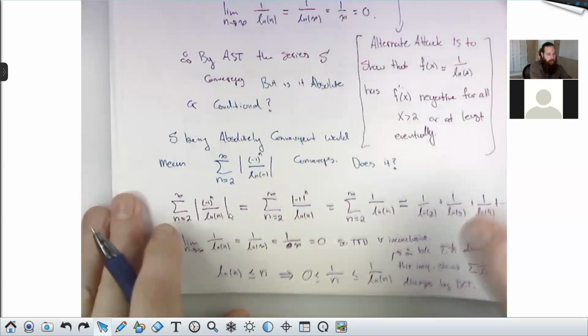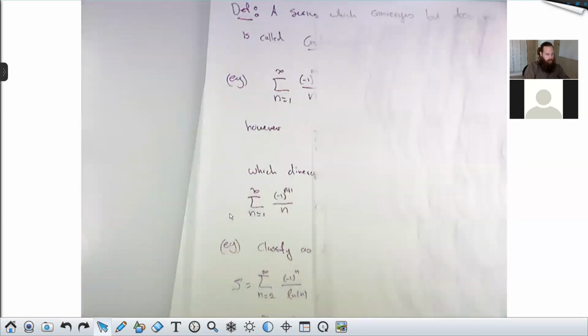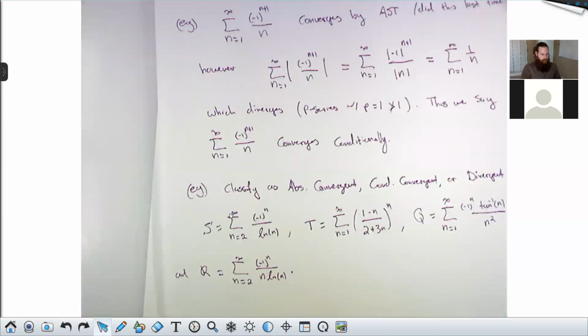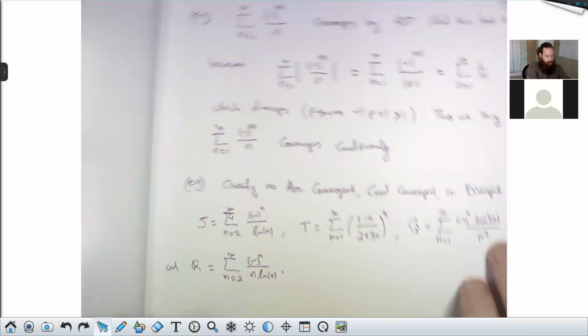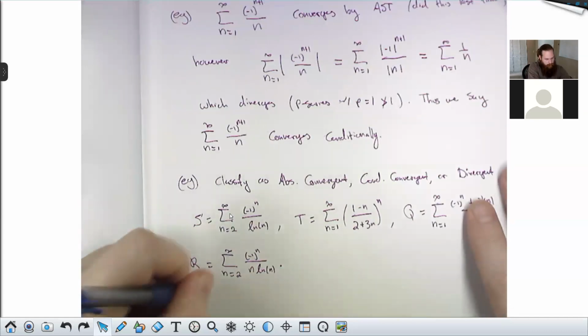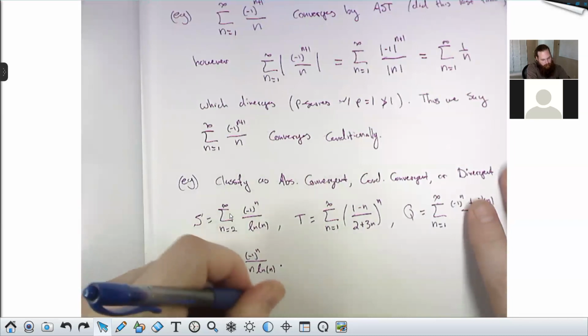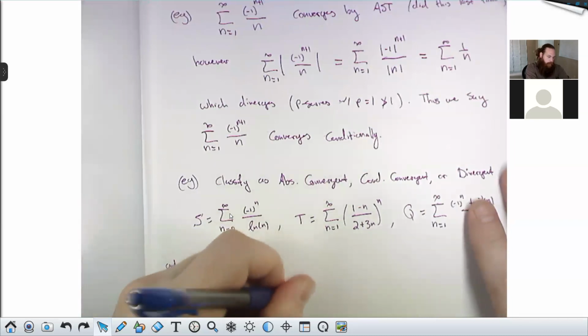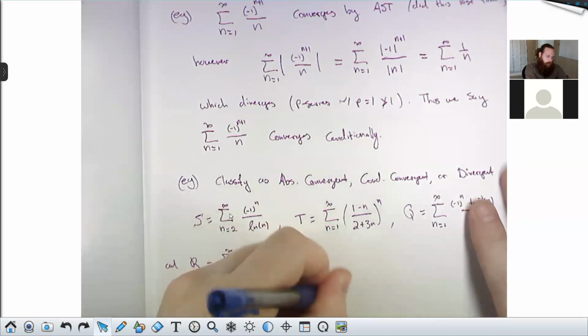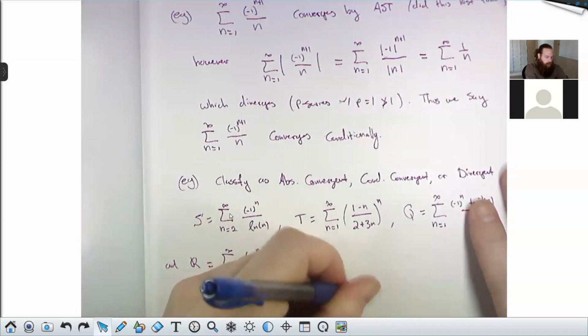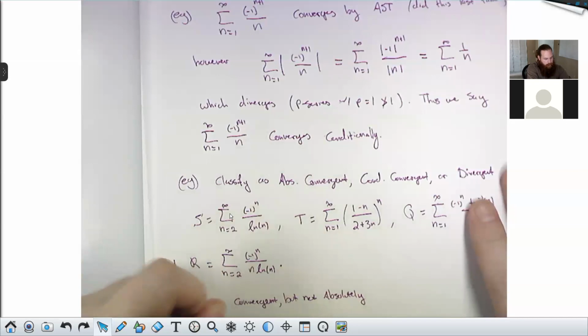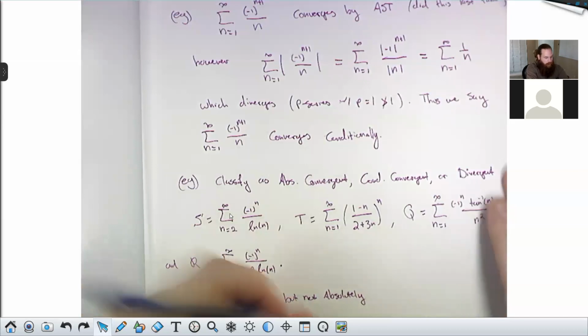So the series S is convergent, but not absolutely convergent, i.e. S is conditionally convergent.